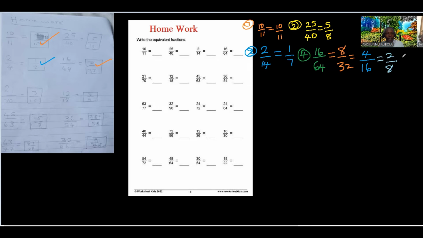We can still take it further by using 2 again. 2 in 2 is 1, and 2 in 8 is 4. So that means, are you listening to this? That means 16 over 64 is equal to 1 over 4.